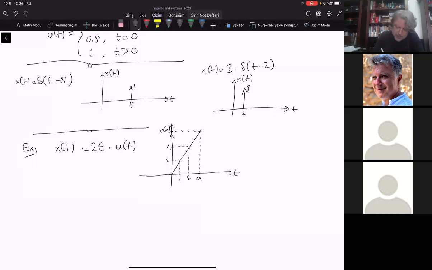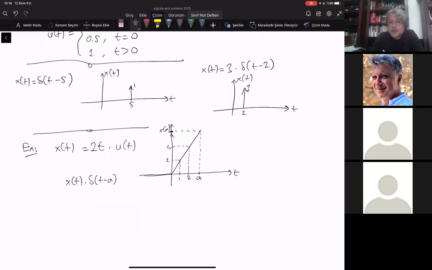And we sample any point on the function using impulses. We do it like this. We first multiply x of t by, if you want to sample at a, delta t minus a.